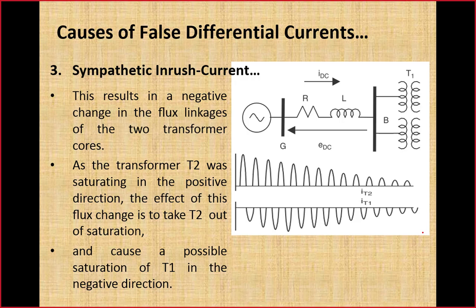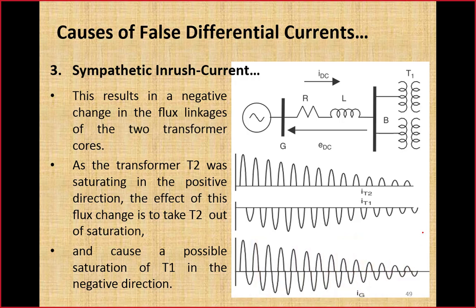Okay, due to this reason, here is the net current supplied by the generator. Generator is supplying current during positive cycle as well as during negative cycle. So now here, if we observe these individual current drawn by this transformer T1 in negative direction, and why this transformer T1 is drawing inrush current?